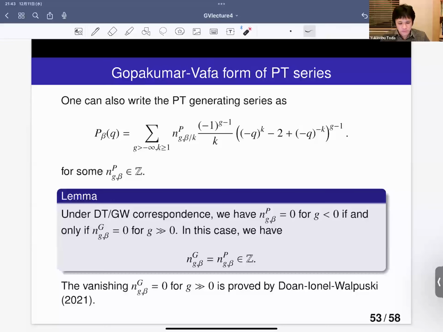On the other hand, we can also write the generating series of the PT invariant in this way.